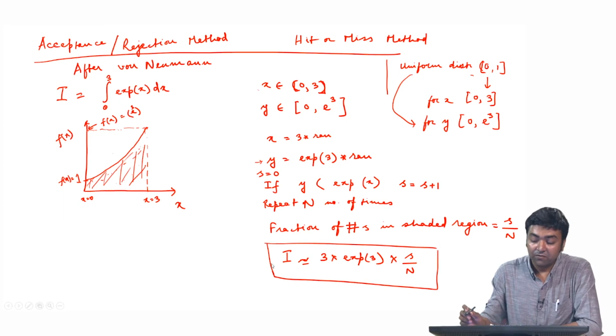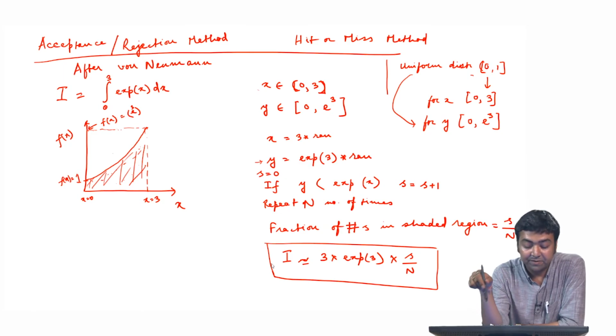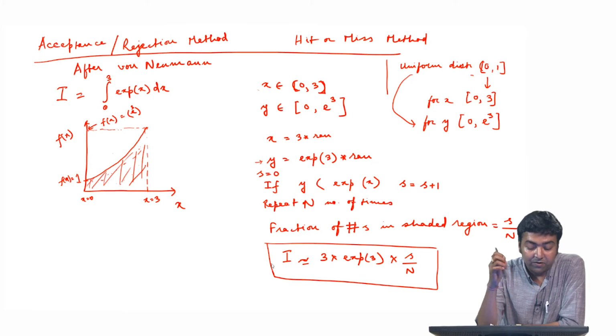The reason we are calling it the acceptance rejection method or hit and miss method is because of the following. What we are doing is generating a random number and then checking whether it is within the concerned area or within the concerned volume. If that particular random number does not lie within the volume of interest, or in this case the area of interest, we are throwing away that random number.